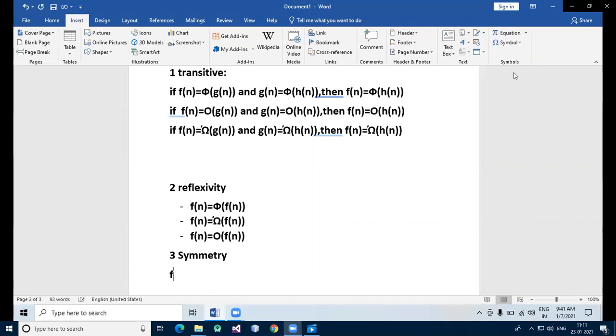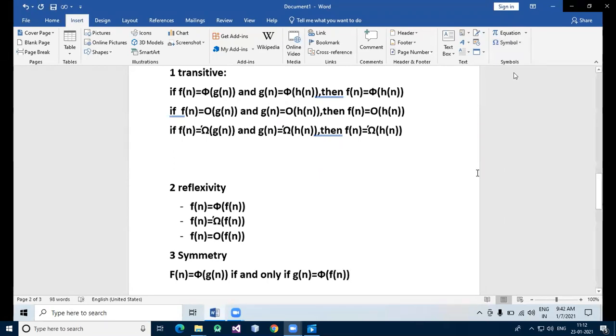Here f of n is equal to theta g of n if and only if g of n is equal to theta f of n.